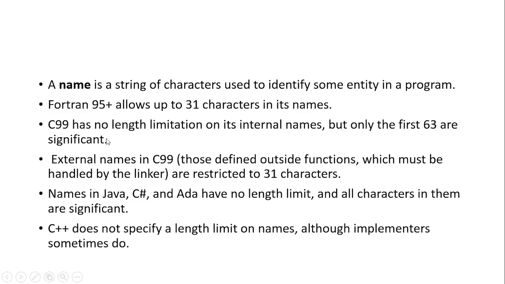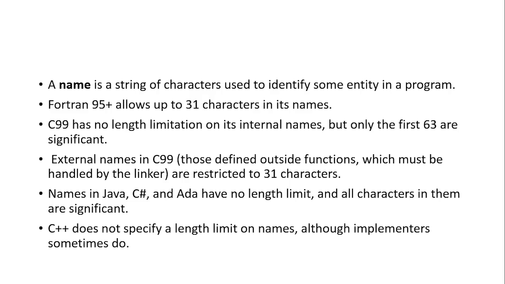Then external names in C99, which means those defined outside functions and handled by the linker, are restricted to 31 characters. And names in Java, C#, and Ada have no length limit, and all characters in them are significant.